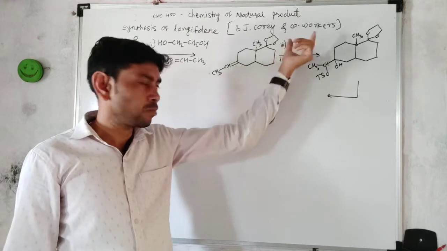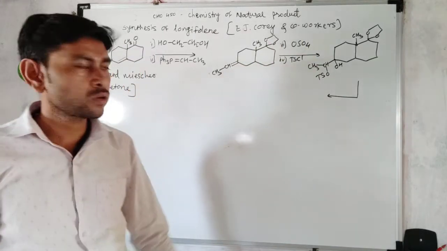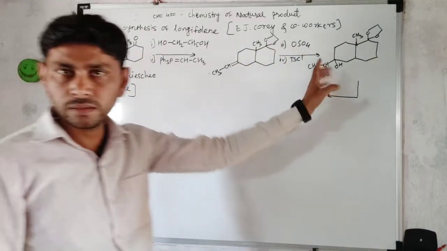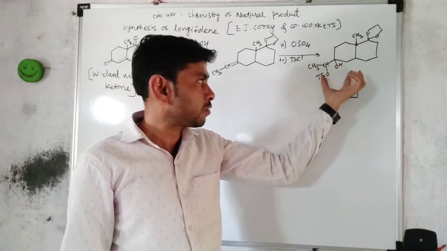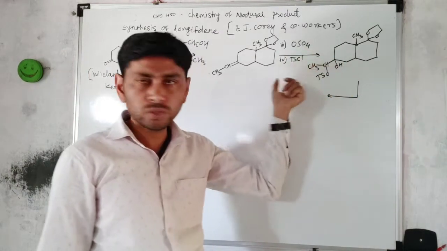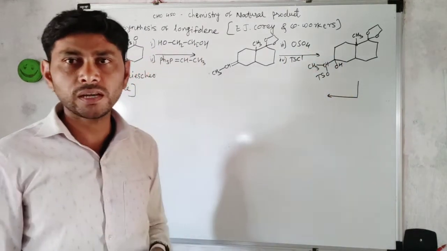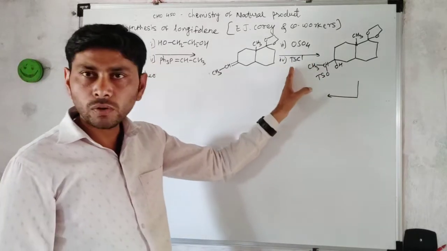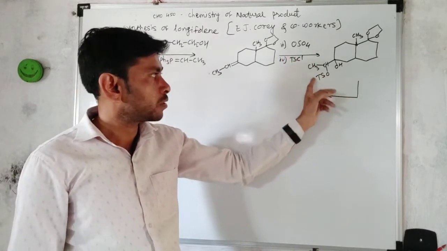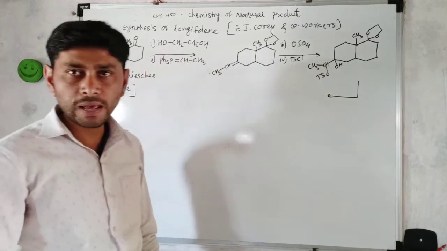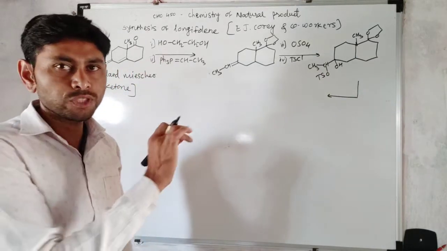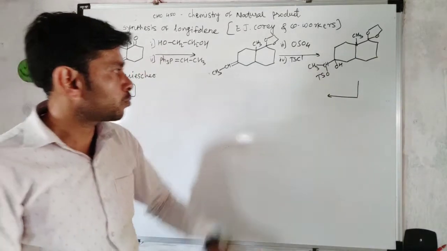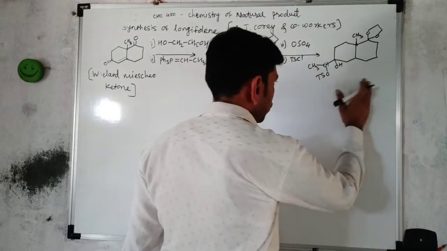This double-bonded compound when treated with osmium tetroxide gives a diol, and this diol again, when we use the protecting reagent TsCl, tosyl chloride, reacts and one of the OH groups gets protected, and that is the secondary OH group which is protected here.